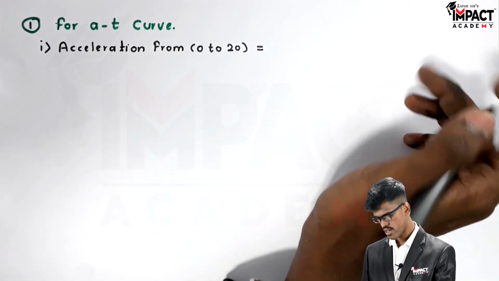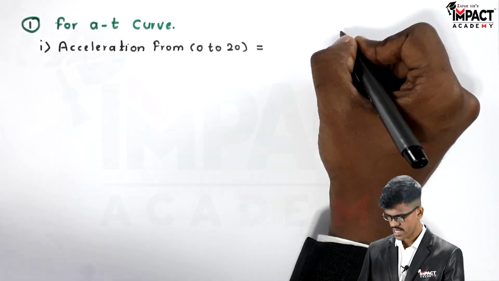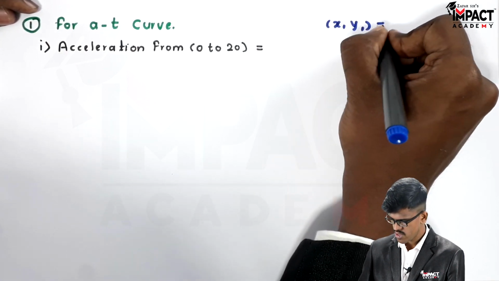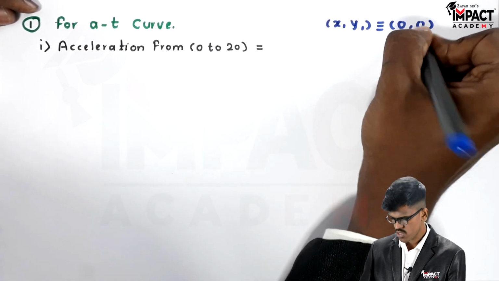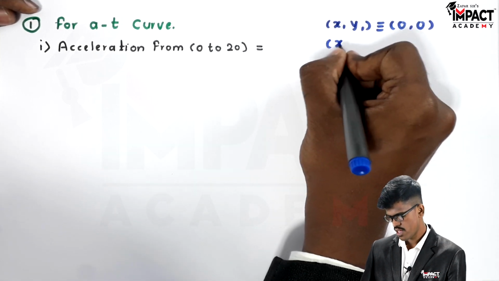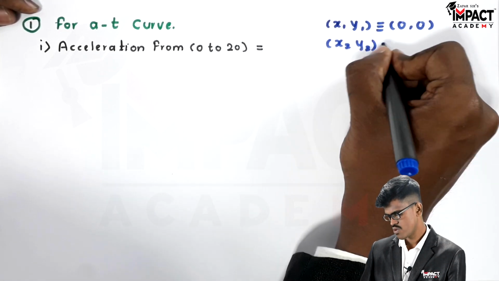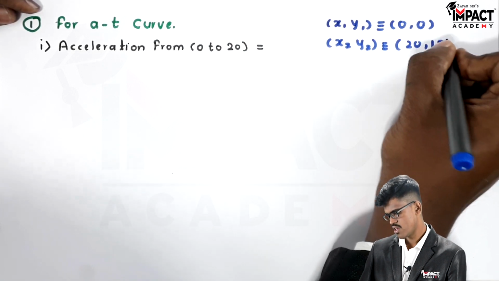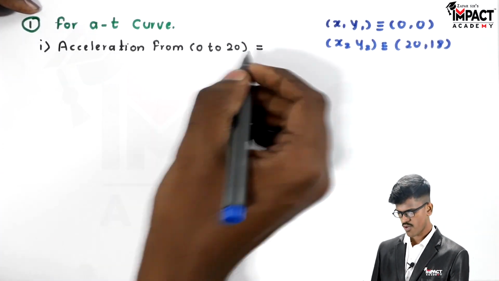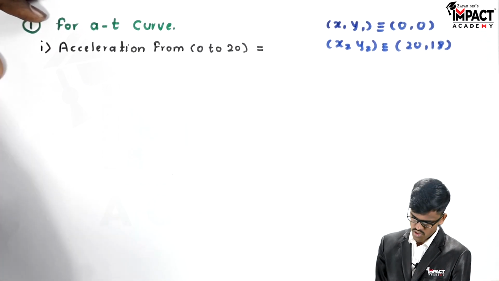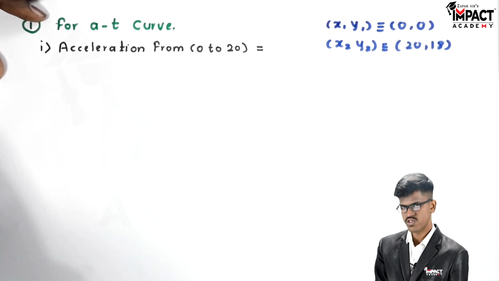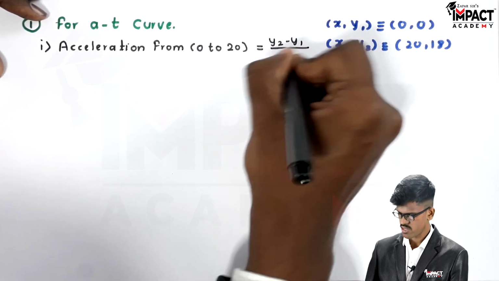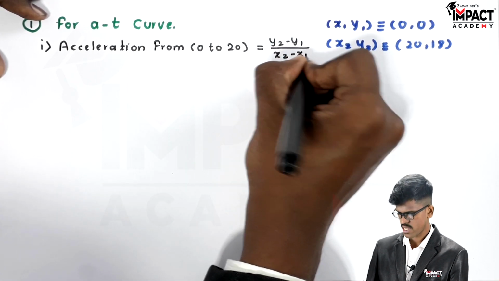So x1, y1 is 0, 0 and x2, y2 is 20, 18. Using the two-point form, the slope is y2 minus y1 divided by x2 minus x1.